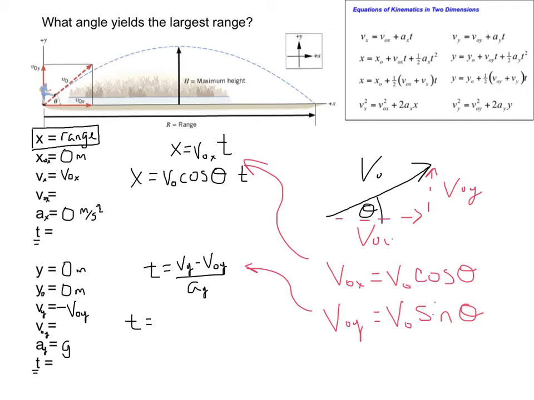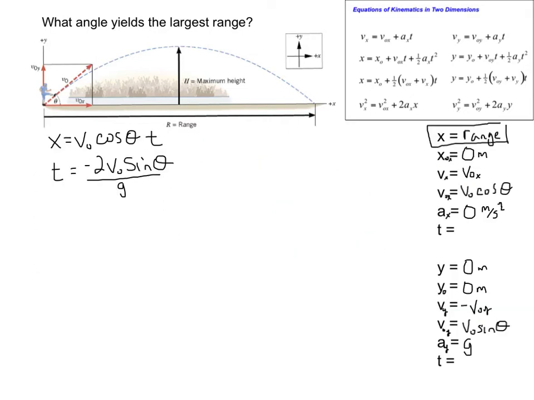So if I plug that in, I simply get negative 2 v initial y, which is just 2 v initial sine of theta. And of course we're dividing by a sub y, which at this point I feel pretty confident in saying is just g, the acceleration due to gravity.